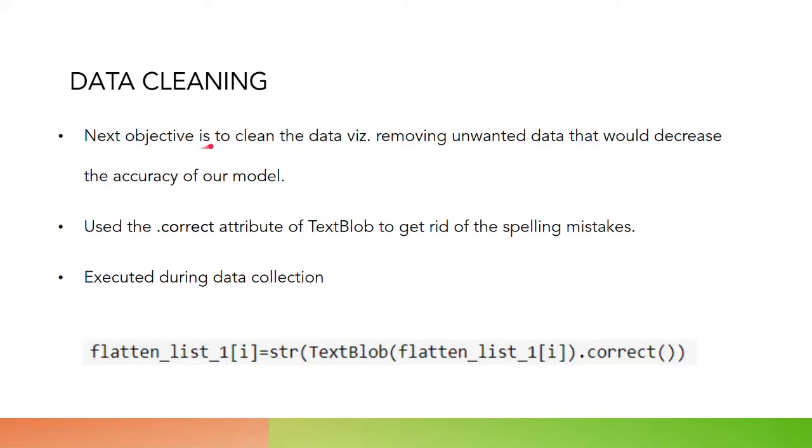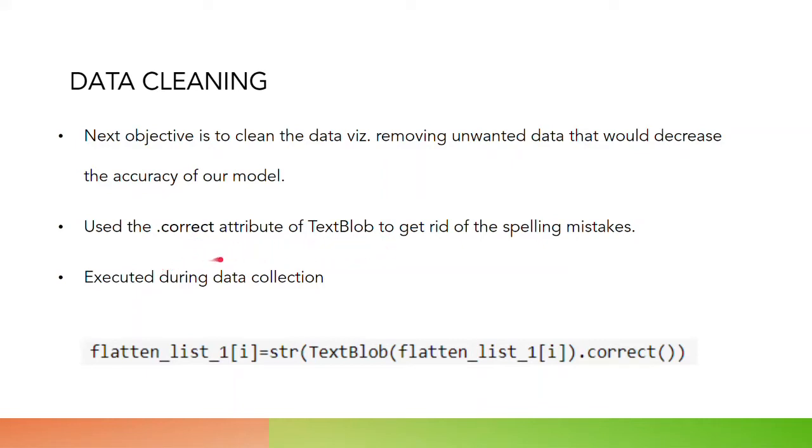The first step under data processing is data cleaning. Data cleaning is the process of removing unwanted data from our dataset, which would decrease the accuracy of our model. So since we have used tweets as the main data for our dataset, it consisted of a lot of spelling mistakes. So to correct this, we have used the .correct attribute of TextBlob.